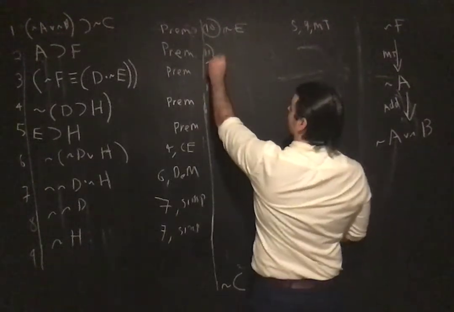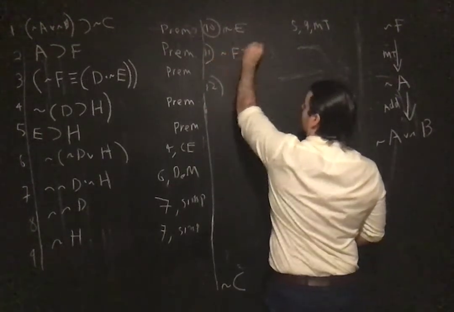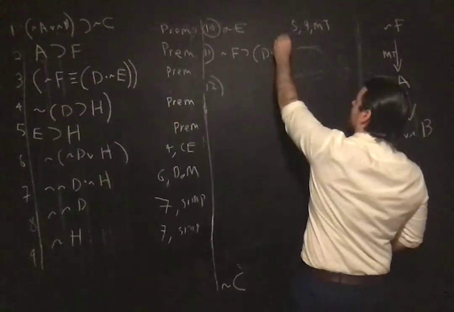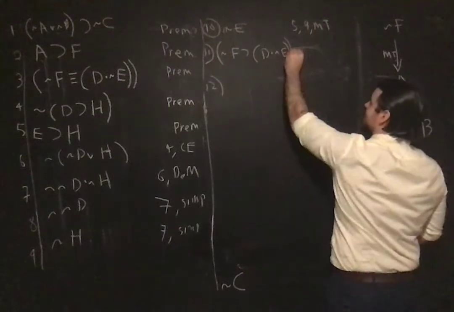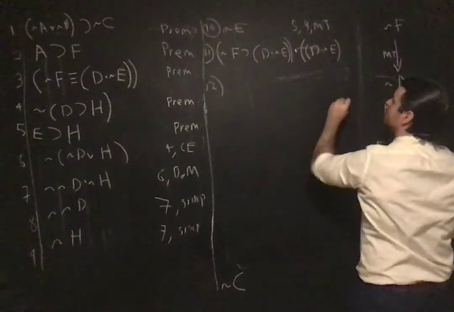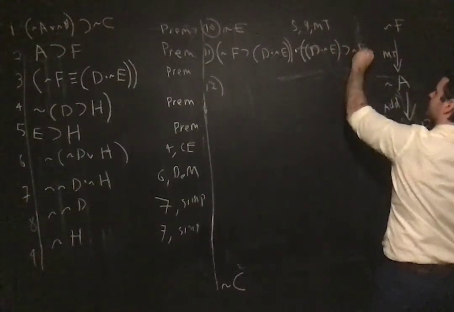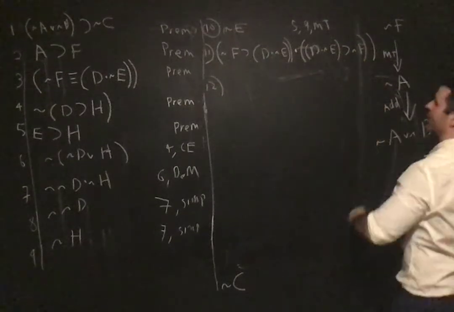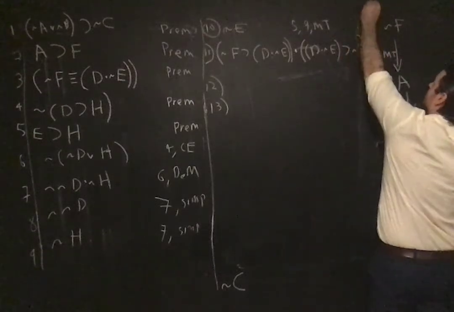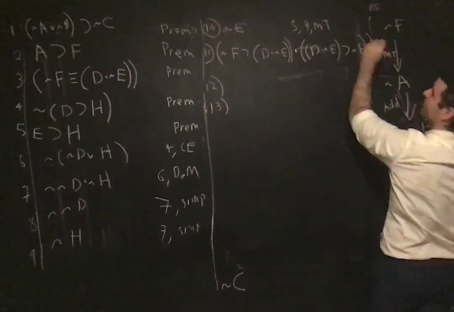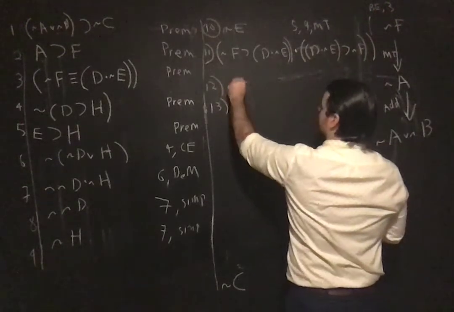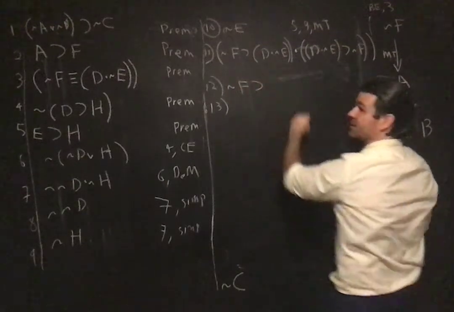Now we see we sort of need it, so not F, hook, brackets, D and not E, and D and not E, hook, not F, bracket, right? Okay? By biconditional exchange of 3, okay? The result of biconditional exchange is a conjunction, so I simplify, as I always do when I see conjunctions.